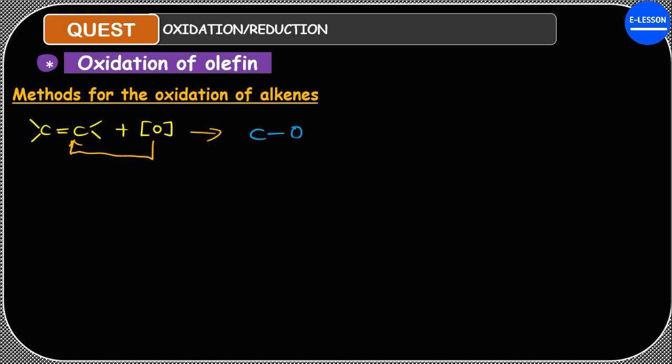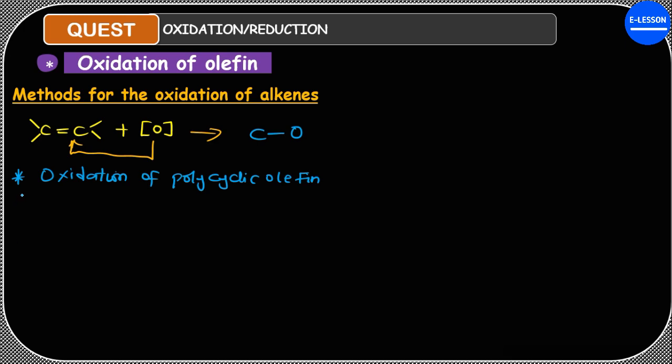Now, the methods of oxidation of alkenes range from the following. The first one we are going to look at is the oxidation of polycyclic olefins. We are going to look in detail at what the polycyclic olefins are and their products of reaction in our next lecture.